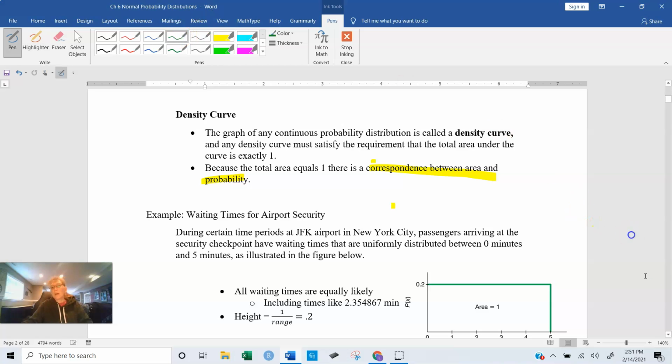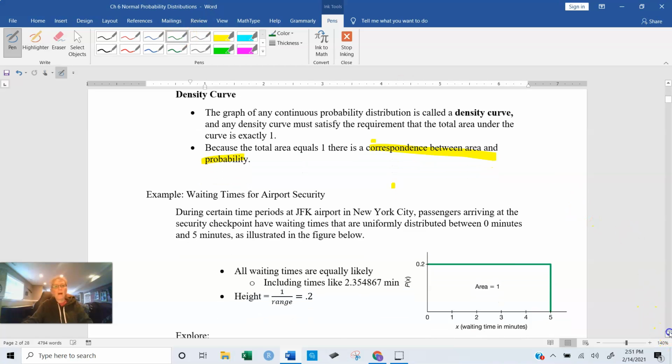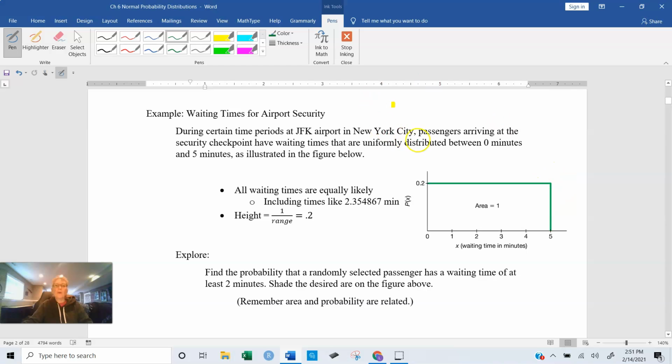All right, now let's go to our airport data. We are at JFK Airport, New York City. It's a huge place if you haven't been there. Waiting times are uniformly distributed between 0 minutes and 5 minutes. That means between 0 and 5, you always have the same likelihood of a wait time. So our wait times are equally likely.